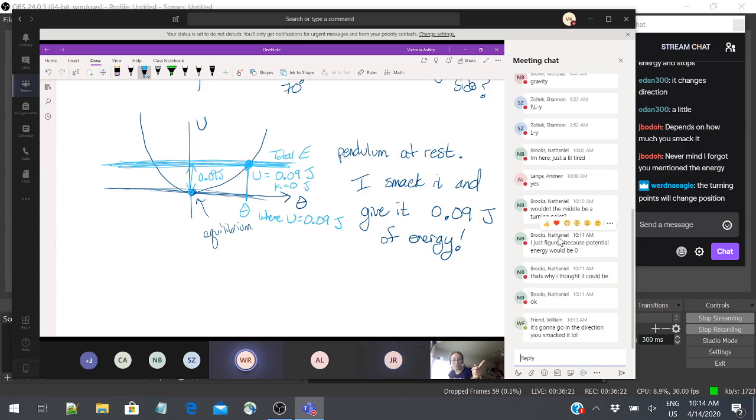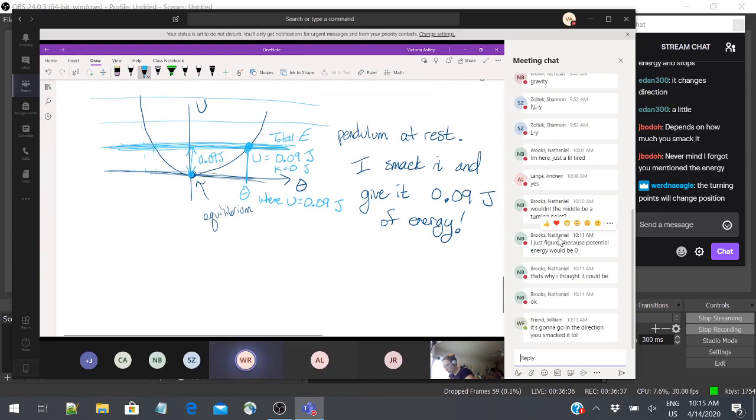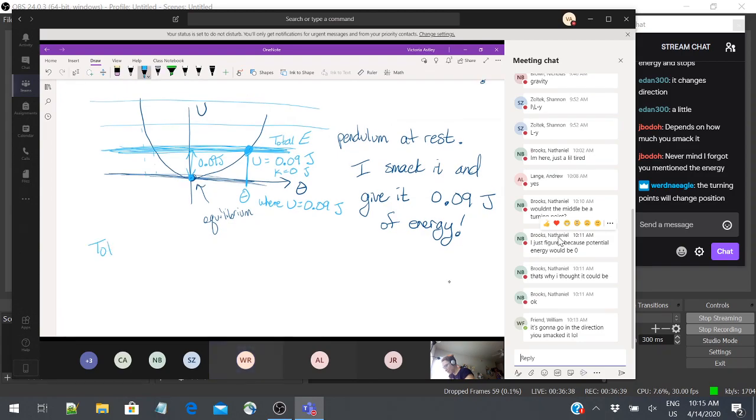The turning points will change position, exactly. The harder I smack it, the higher my total energy line is going to be, the greater the theta where it's going to swing out. Okay, making sense? So our total energy line is our starting potential energy and our starting kinetic energy, right?